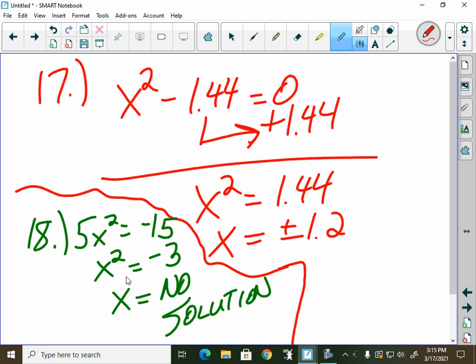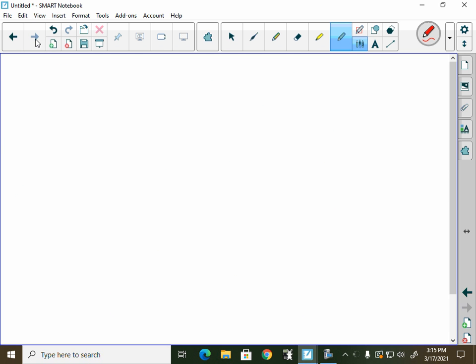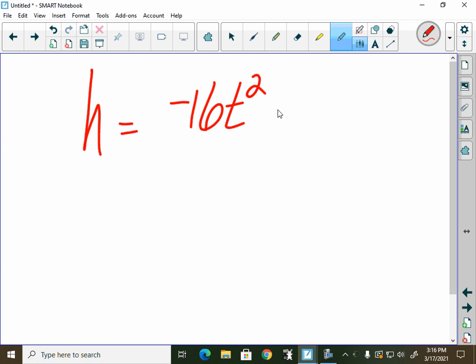Good. Okay, I showed you an equation yesterday, and it was h equals negative 16 t squared plus s. In some of my classes, I don't use the letter s, so I had to double check to make sure that that's what we use in our class.